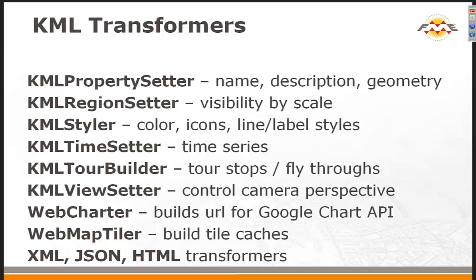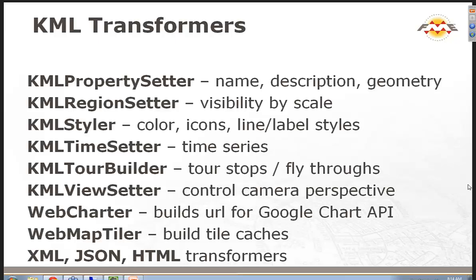So the property setter, that's for setting things like the name and description, and you can also, based on things like the name, control things like the folder structure. We'll see the label in a few minutes. Yeah, and the description relates to the balloon. Under geometry, that's where you can control whether something is extruded or not. So getting into the 3D.